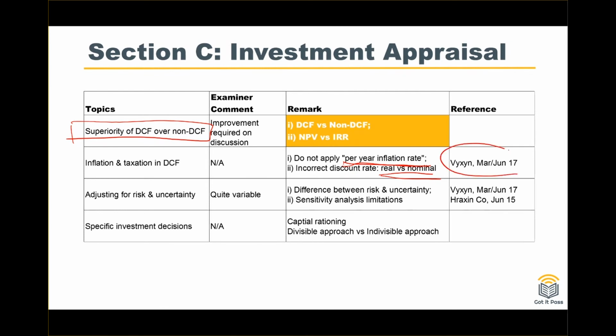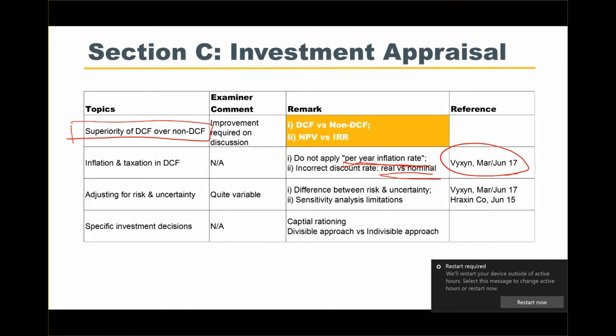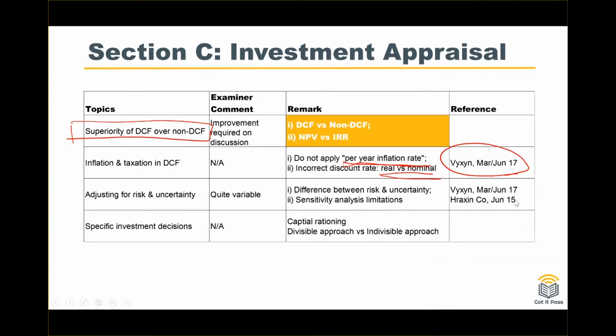One example shared is about this past paper. It's very important. I will share with you later on this exam sample paper. Also adjusting tax and uncertainty. He also shared this question with us as well.